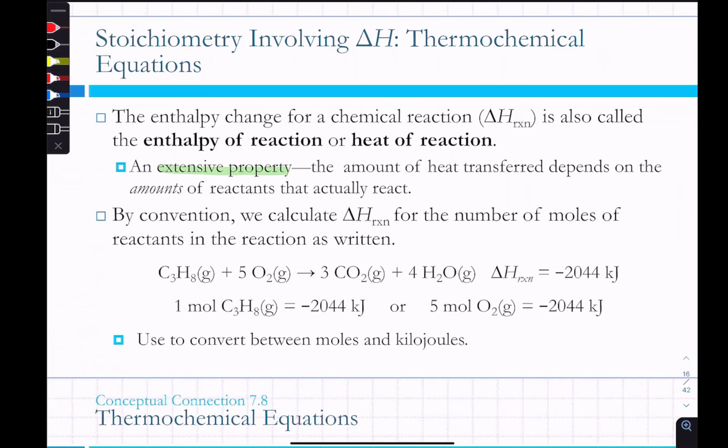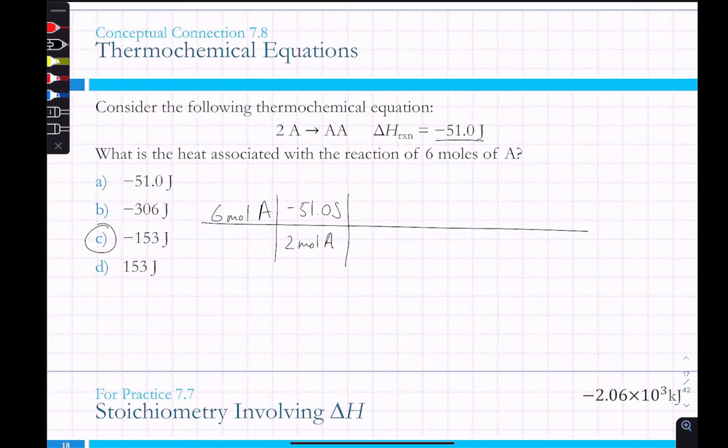You can also throw this into an equation and say we have 6 moles of A, and it's essentially stoichiometry. For every 2 moles of A, we're going to generate negative 51.0 joules of heat evolved.